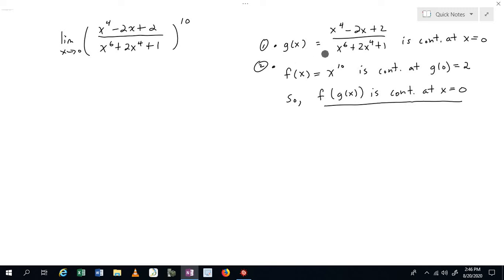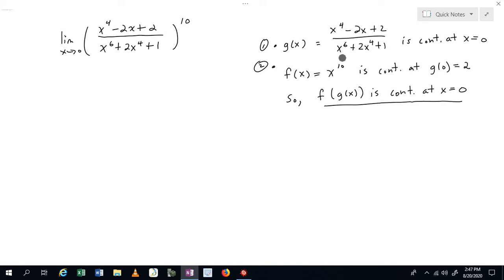All right, is g continuous at 0? Well, this is a rational function, right? And we have a theorem from the last video that said rational functions are continuous at every x value so long as the denominator is not 0. But if you look at this denominator here, this is never equal to 0.